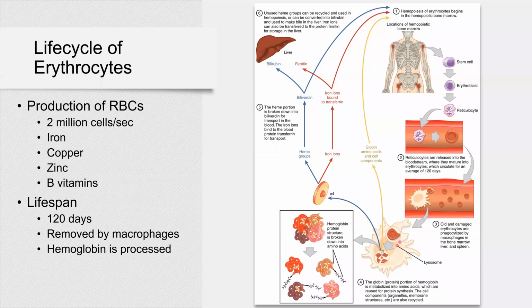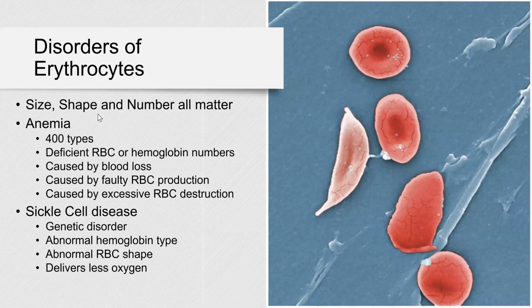Disorders of erythrocytes. Size, shape, number, all matter. Anemia is one of the disorders. We have about 400 different types of anemia. Anemia is a reduced ability of your blood to supply oxygen to your tissues.